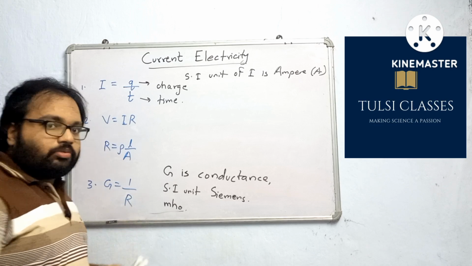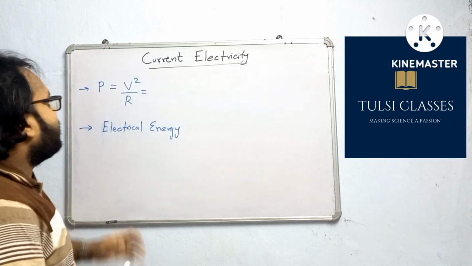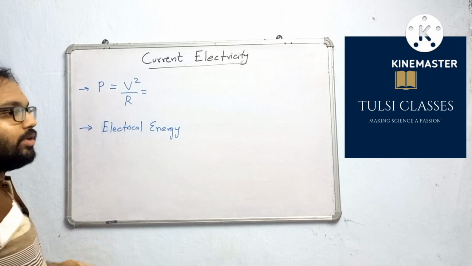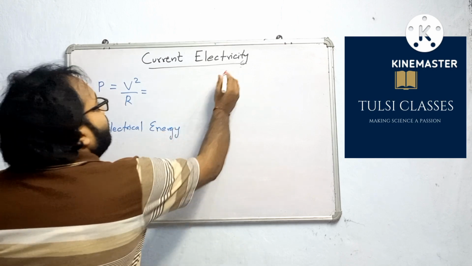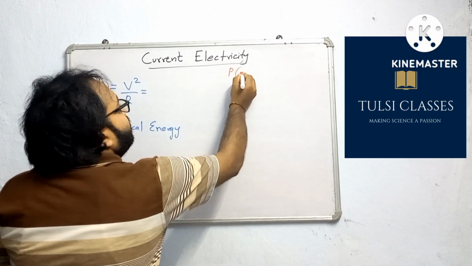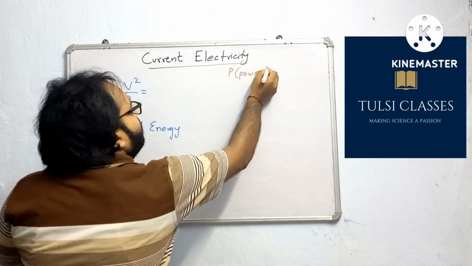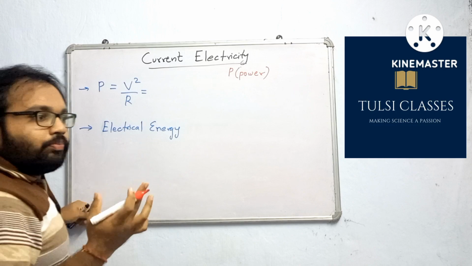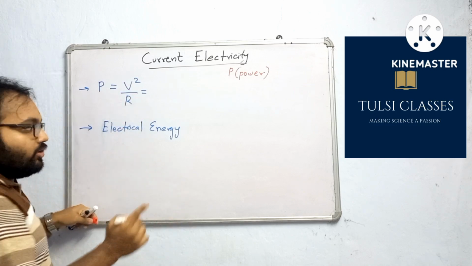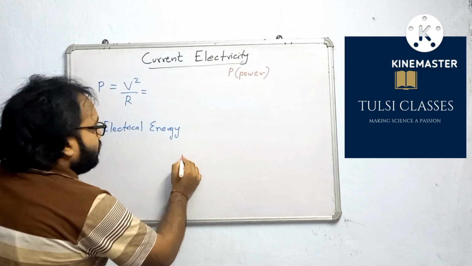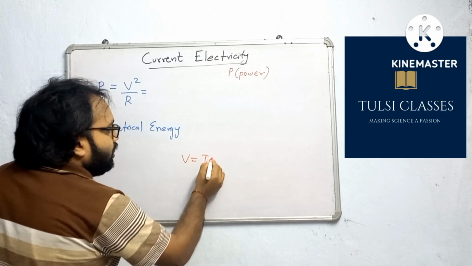Moving over to the next formulas. Okay friends, the next formula is P is equal to V square by R. P is power consumed, and V is the potential difference. As we know, V is equal to IR.